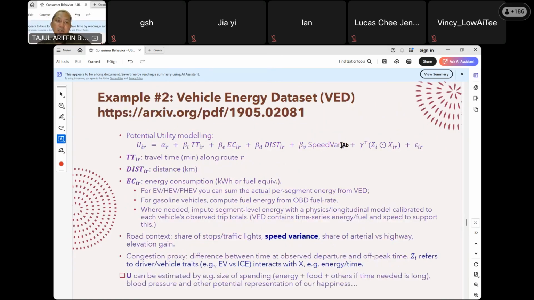Another is utility on vehicle energy. Another big data set. You can go and search for this data set. This is the proposed one. Look at the information that is available, so this can be a good model for you to refer to.